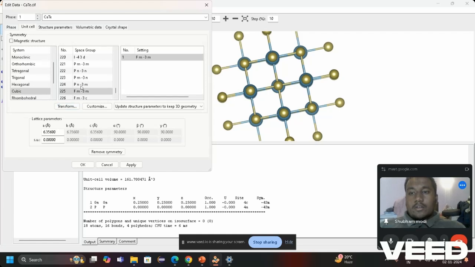I've set it as it is, and the space group of calcium telluride is Fm-3m and it is a cubic structure, as a = b = c. Each calcium atom is surrounded by 6 tellurium atoms, and each tellurium atom is surrounded by 6 calcium atoms, resulting in a 6:6 coordination.